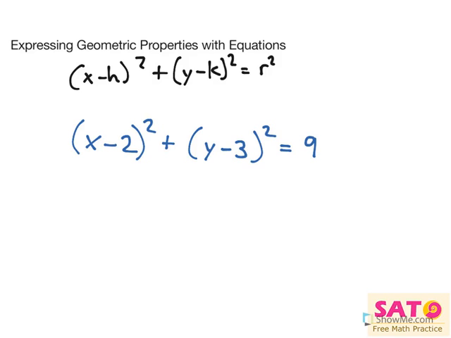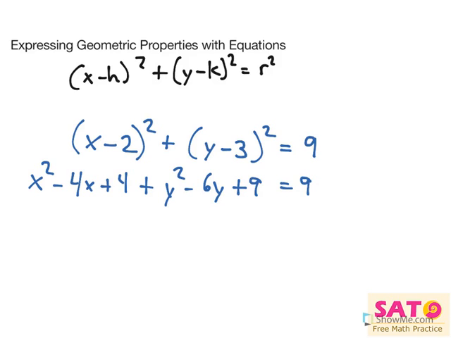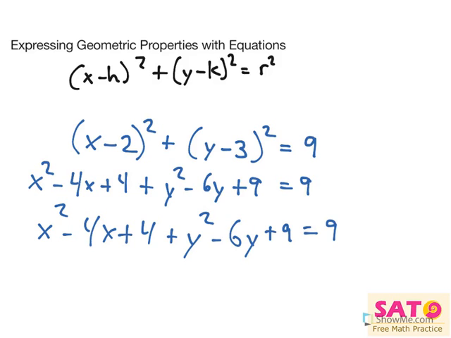So let's say x squared minus 4x plus y squared minus 6y equals negative 4.